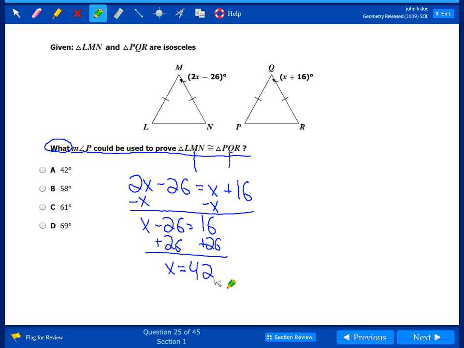Now, a lot of you are going to be tempted to pick 42, but it says, what measure of angle P? So to find angle P, I need to continue doing work. Remember, this is an isosceles triangle, so these two angles are going to be congruent. Angle Q, the measure of angle Q, is equal to x plus 16, which is equal to 42 plus 16.